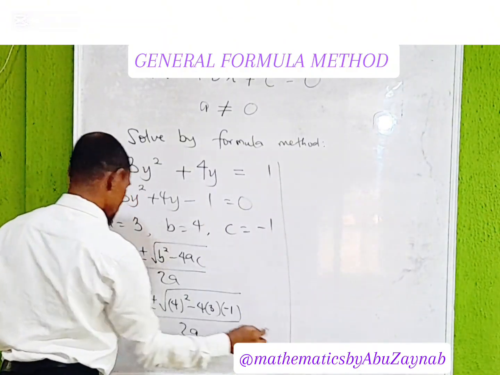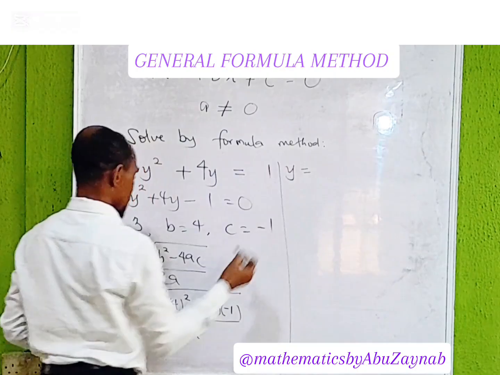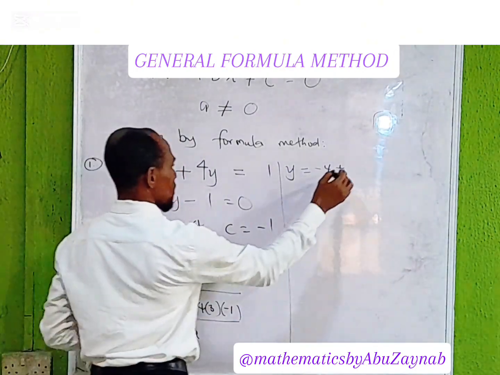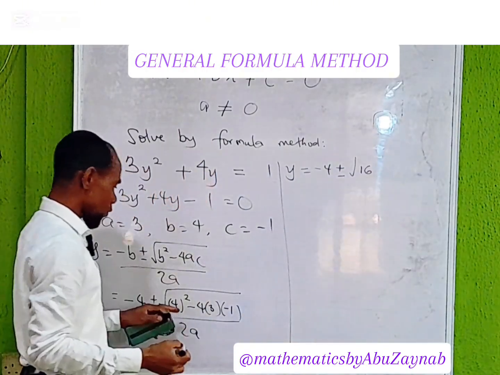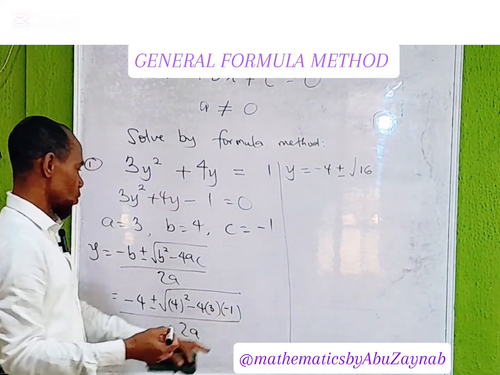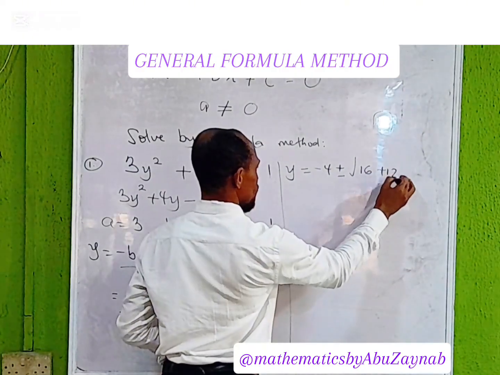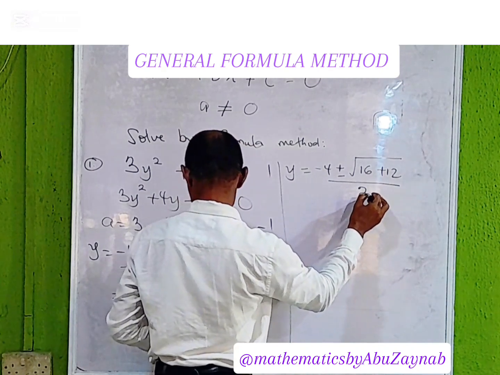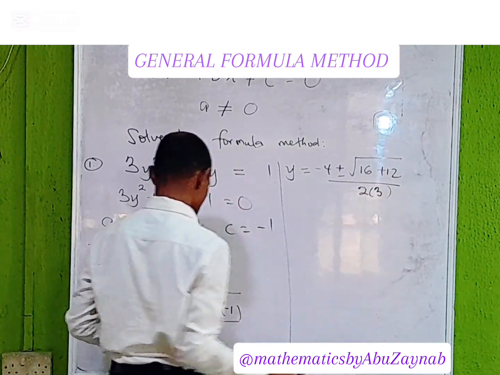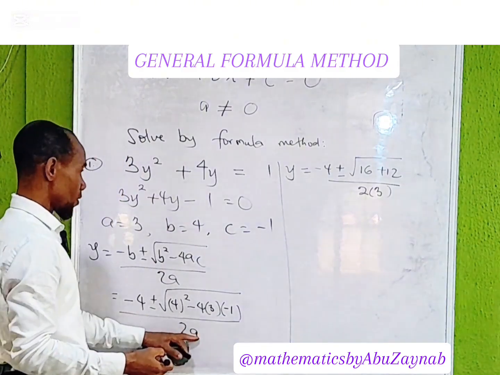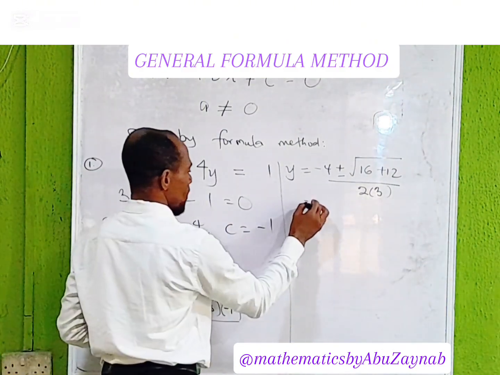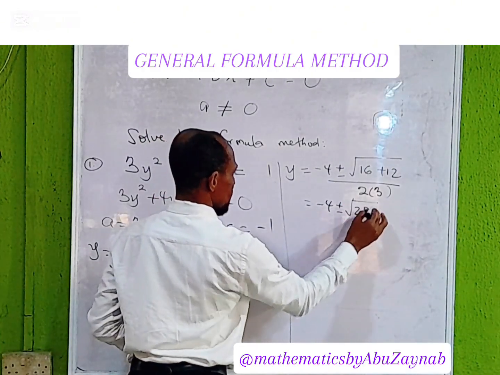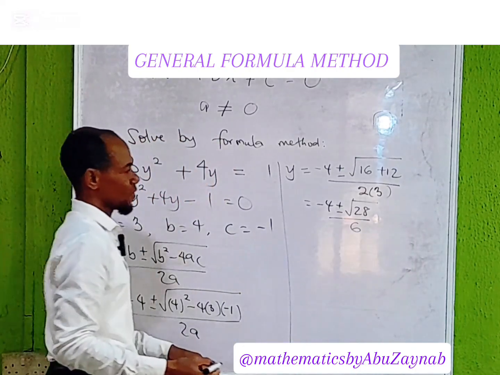So at this stage, we just simplify. So we have minus 4 plus or minus root of b squared is 16, which is 4 squared, minus 4 times 3 times minus 1, that's going to be plus 12, over 2a, which is 2 times 3. A is 3, so 2 times 3. So we're going to have minus 4 plus or minus root of 16 plus 12 is 28 over 6.